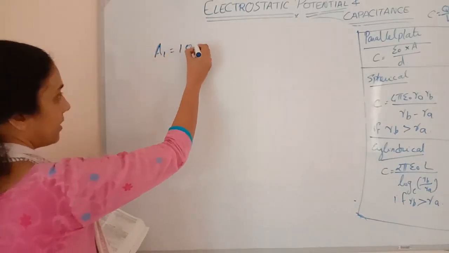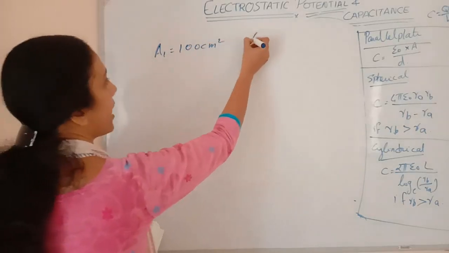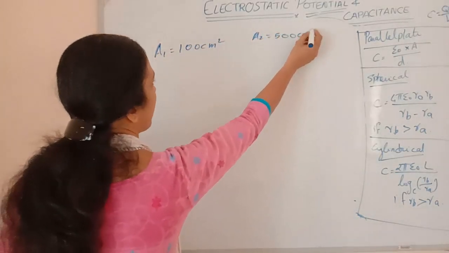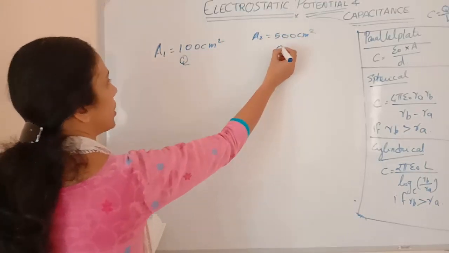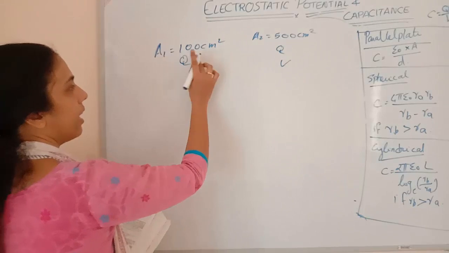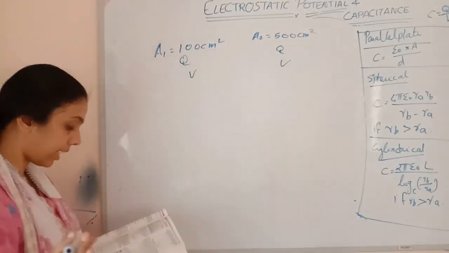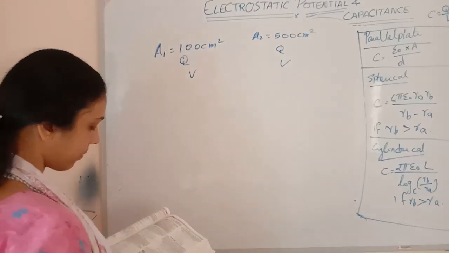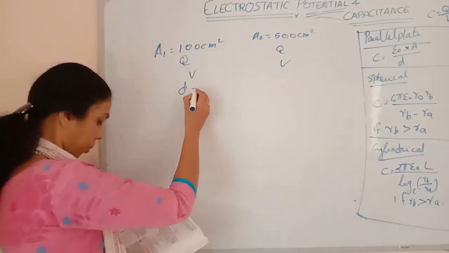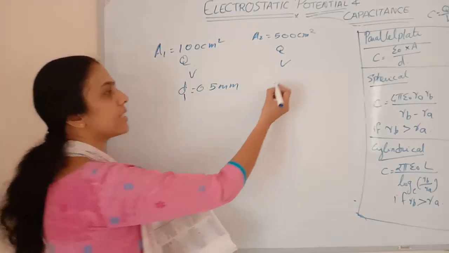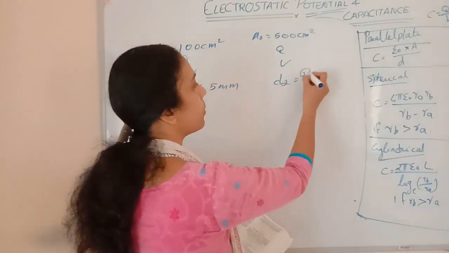A1 equals 100 centimeter square and A2 equals 500 centimeter square. They have same charge and same potential, Q and V. Okay, they have same charge and potential, and distance between the plates of the first capacitor is 0.5 millimeters. Okay, so D1 is 0.5, we need to find out D2.